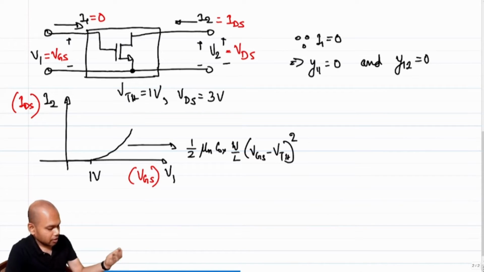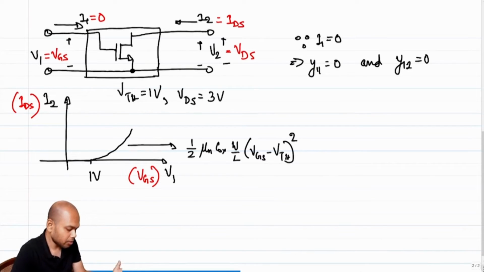Till what value of VGS will this parabola persist? If I keep on increasing VGS till infinity, will this keep on going? Obviously no, because you must have already figured out that when I am increasing VGS, I am going closer and closer to the condition of VDS equal to VGS minus VT, right? In other words, saturation region is true, so this equation is valid.